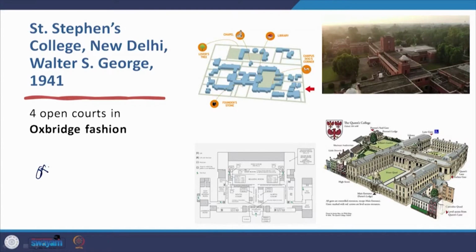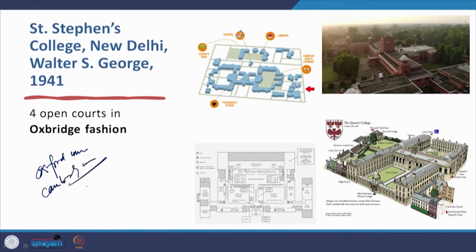Now coming back to Stephen's itself, it had 4 open courts in the Oxbridge fashion. Now what is the Oxbridge fashion? Oxbridge fashion basically refers to the plan of Oxford University and that of Cambridge University.